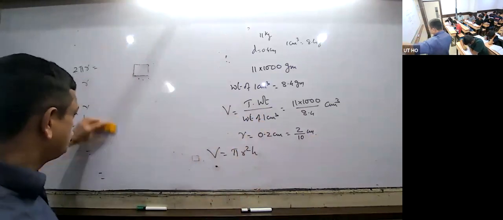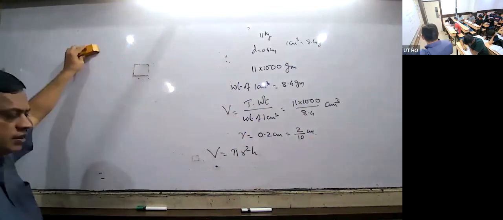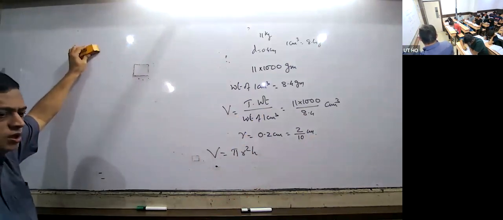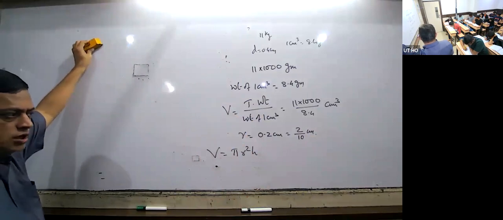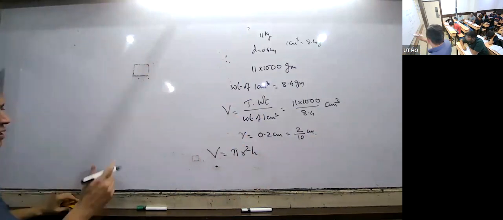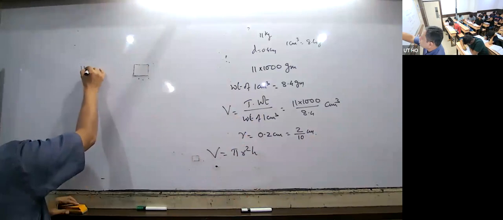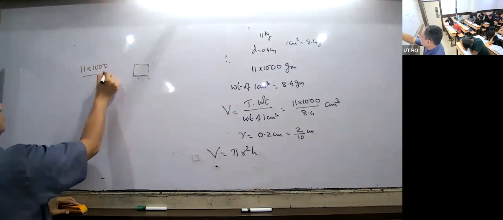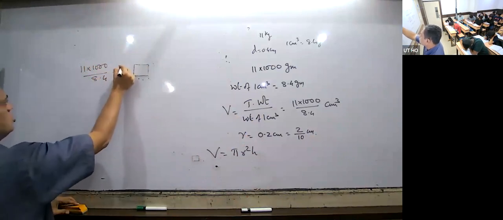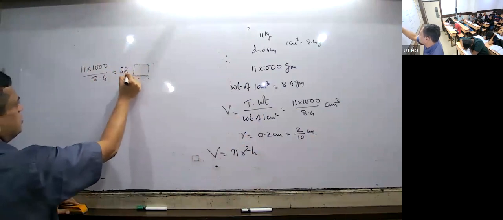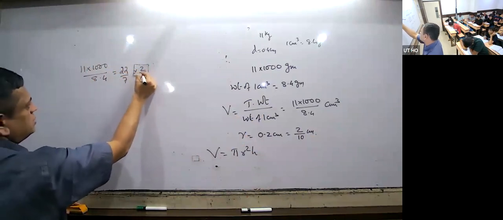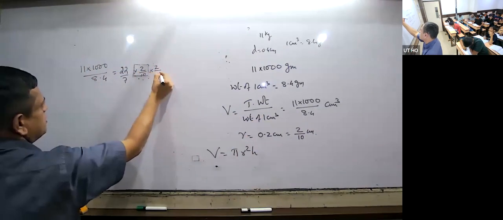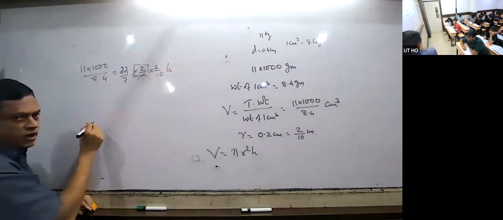We have the value of volume. You have pi, you have r. You have to find out h. Can you do it, or should I do it? Replace: 11 into 1000 divided by 8.4 is equal to 22 by 7 into 2 by 10 into 2 by 10 into h. Cross multiply.